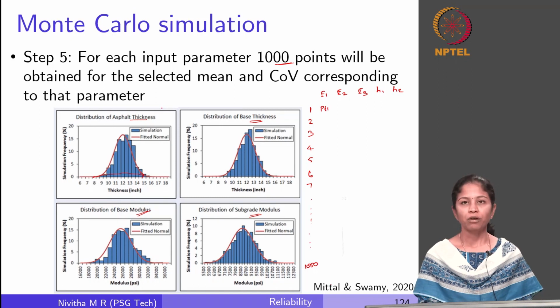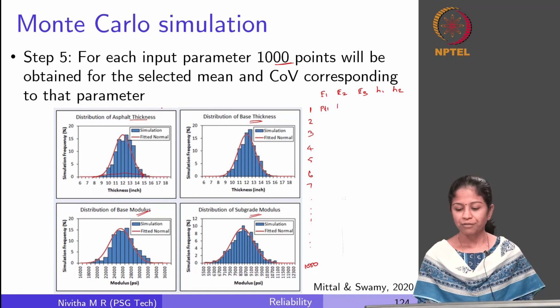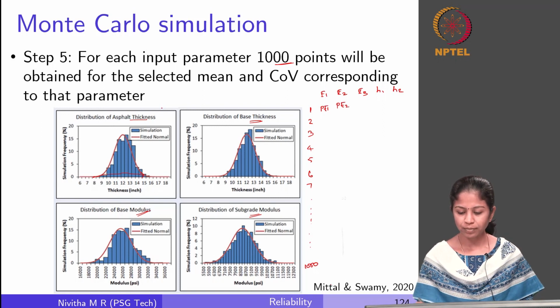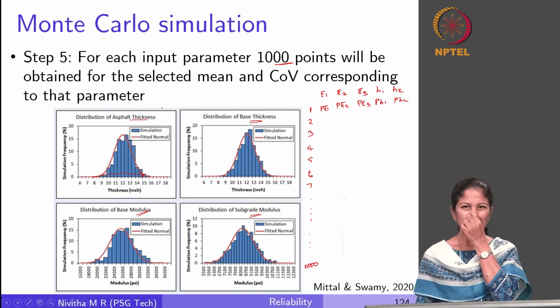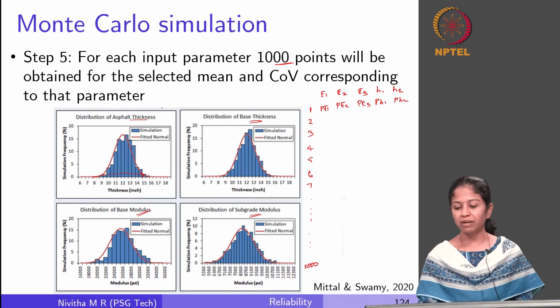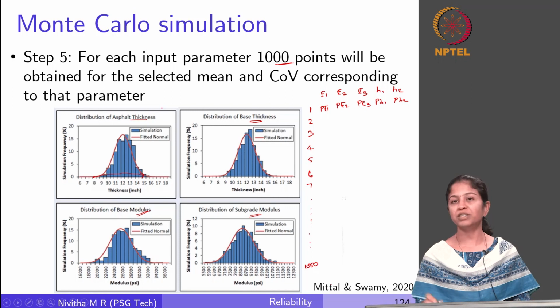Right. So, now when I have the 1000 points, I will get the first point of E1, I will use it here, first point of E2, first point of E3, first point of H1, first point of H2, right. So, all these values I will be using here. So, this is going to be my first combination.